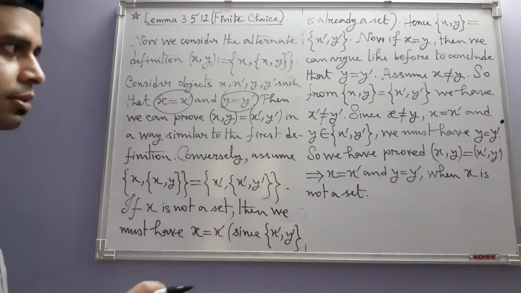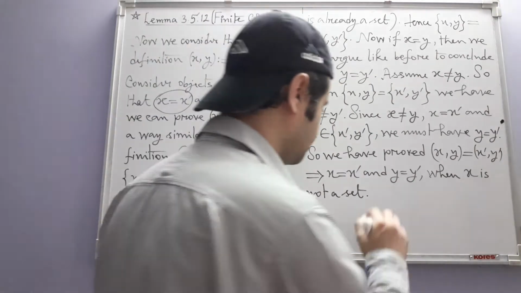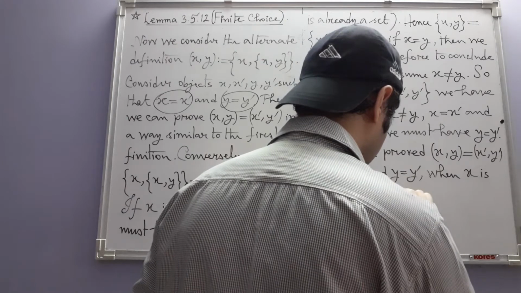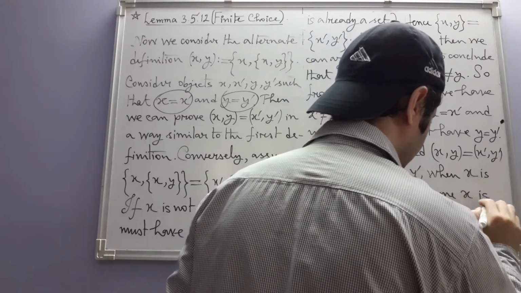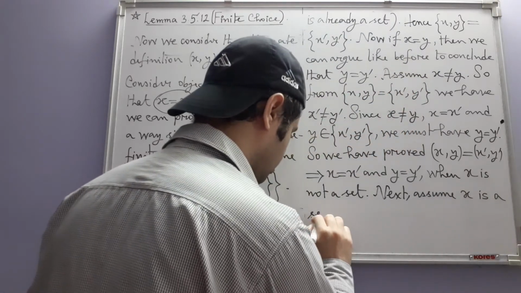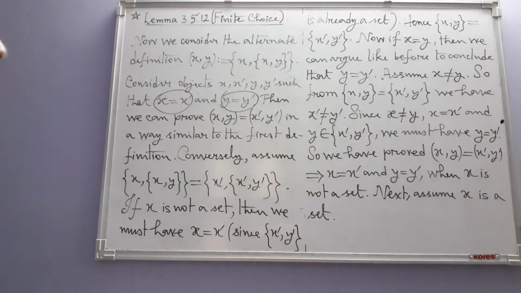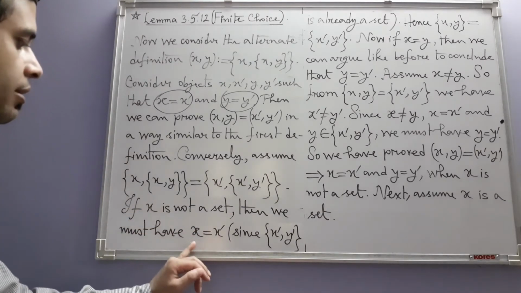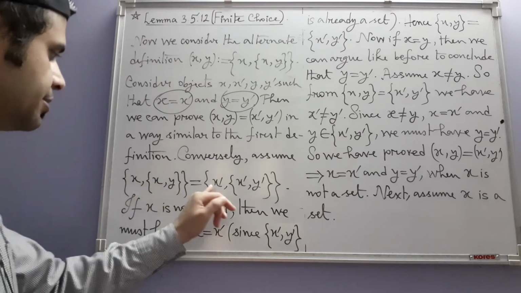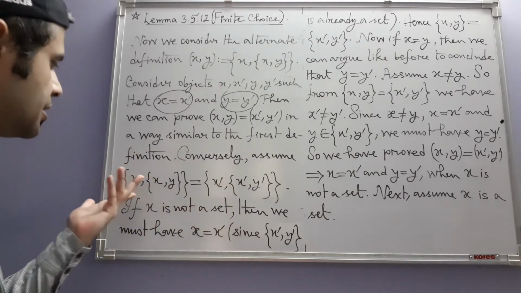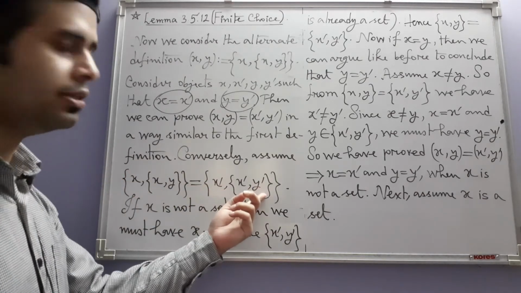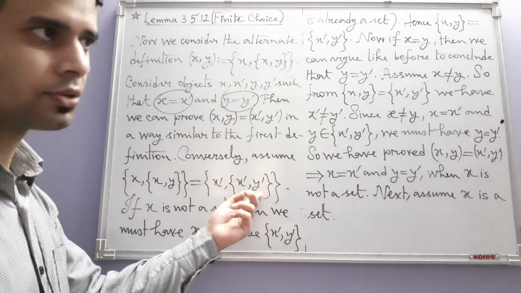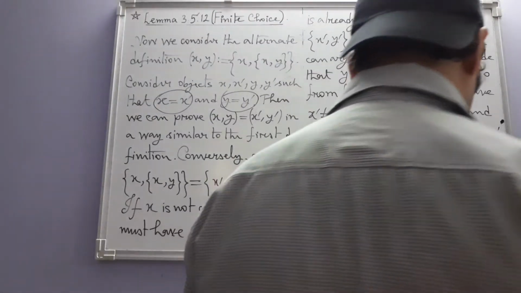Now we have to consider the case when x is a set. Next, assume x is a set. Now it will be somewhat complicated. Now you cannot immediately conclude that x is equal to x prime, because now x is a set. It may be possible for x to be equal to this. So we have to go through all the situations.